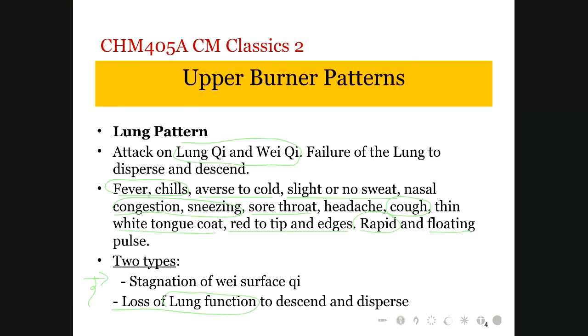Okay. Now if patients have an underlying heat constitution, they are not very easily affected by cold pathogens. Instead, they are very easily affected by heat and wind attack. But if you have a cold constitution, you are very easily affected by wind heat pathogens from the external.